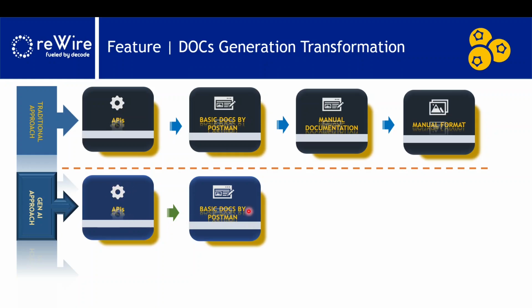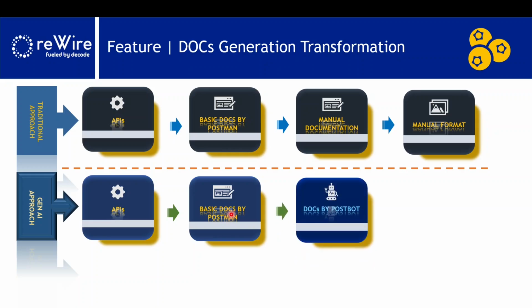The moment you create the collection along with the request, the API docs will be created by default. Those docs will be replaced by the Postbot. Using the Postbot feature, the GenAI assistant, you can update the docs without adding anything manually.